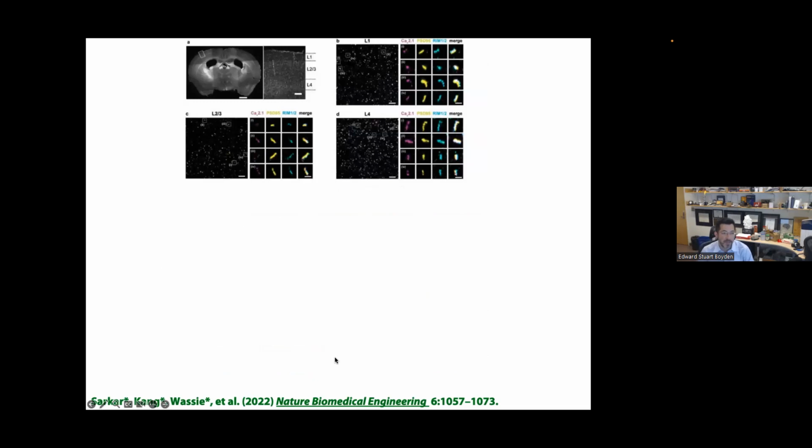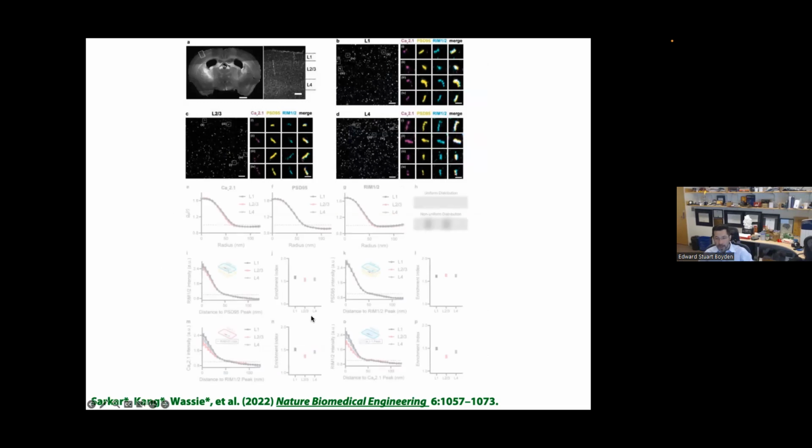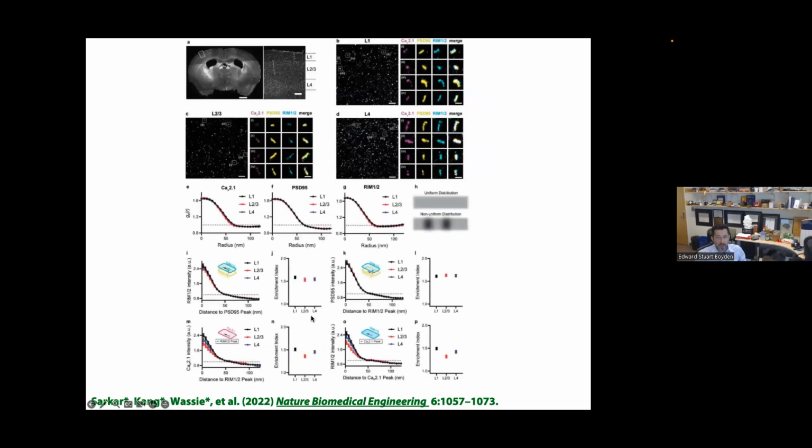Now this is important because many proteins attain their function through nanoscale connections and coordinations with other proteins, right? That's how many proteins signal. We used the fact that we can now see proteins that are hard to see, like calcium channels, through post-expansion staining, and showed, for the first time to my knowledge, that such proteins are nanoscale coordinated in space with other kinds of proteins.